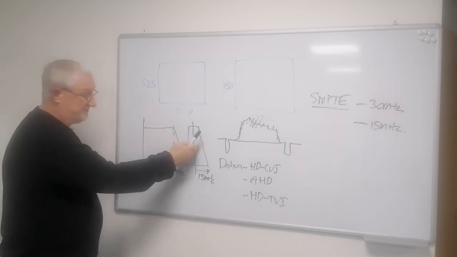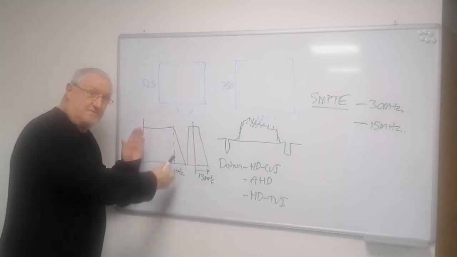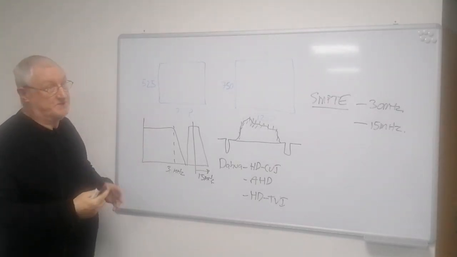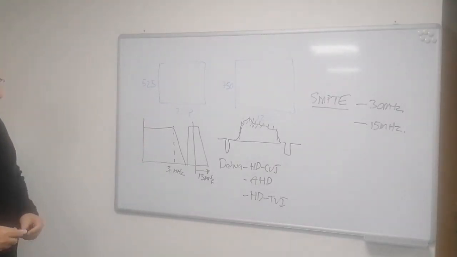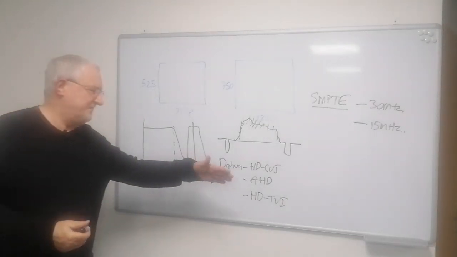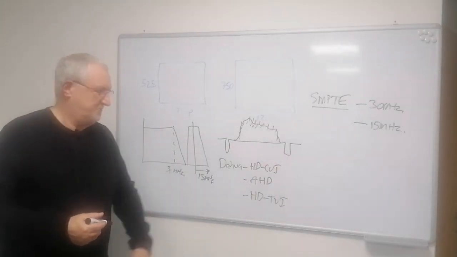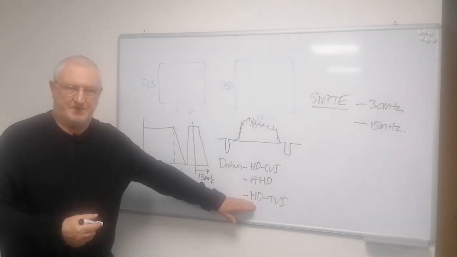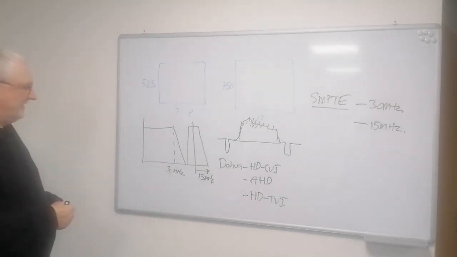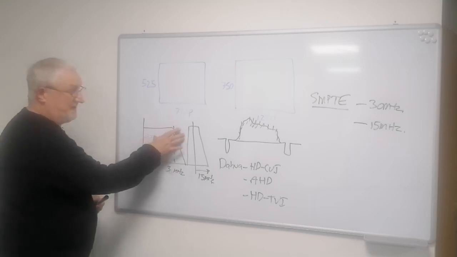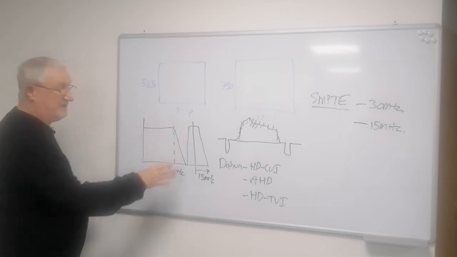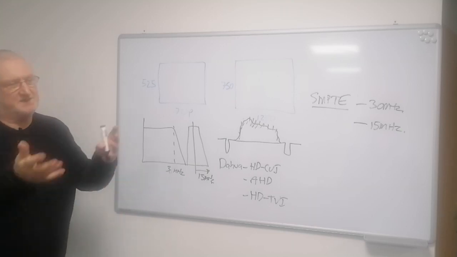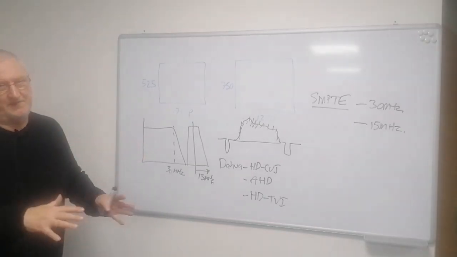But the advantage was the chrominance was not within the luminance bandwidth. So you didn't get the interference anymore, but you weren't getting any more resolution. And so you got different versions, AHD1, AHD2. HD-TVI seems to be the one with the highest frequencies. And the highest frequencies mean more bandwidth, and therefore theoretically more resolution. I say theoretically because it depends on your sensor and all other things as well.